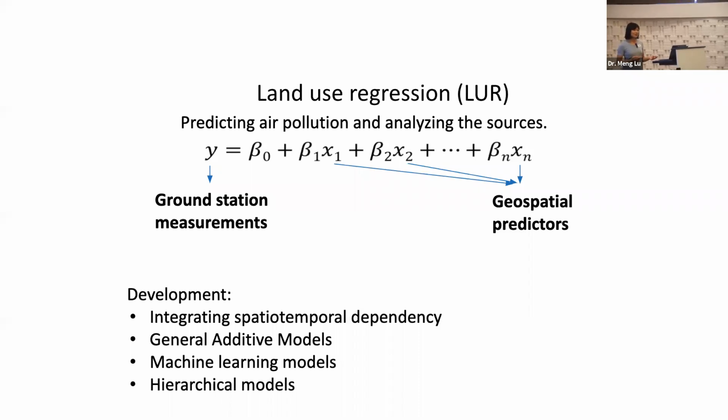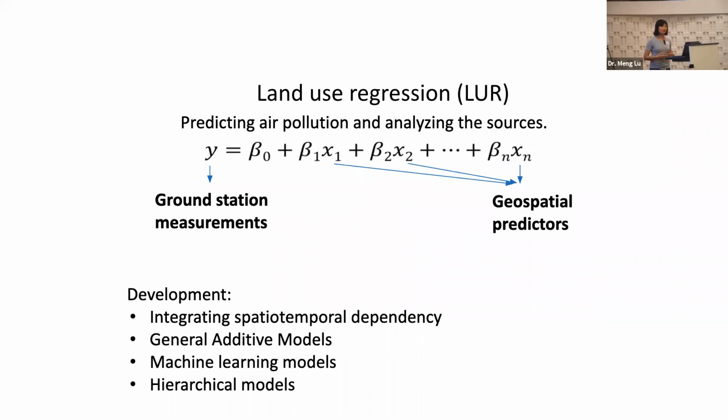It got its name because in the beginning, the variables we used are mostly land use variables like traffic, road density, population, and so on. And now it's evolving, so we are now using more and more data, but the name still kept. And it originally is a linear regression model. And actually, it's still the most widely used model for prediction and analyzing the sources of the air pollution.